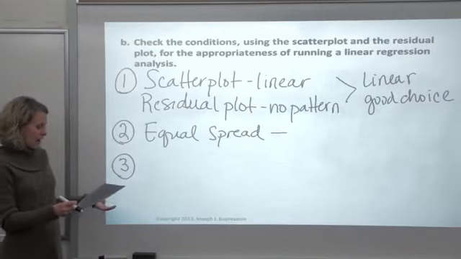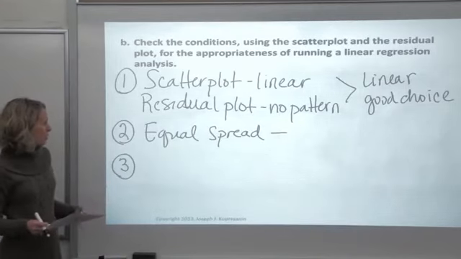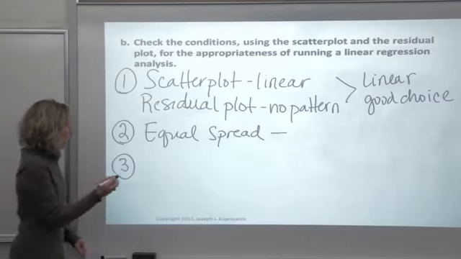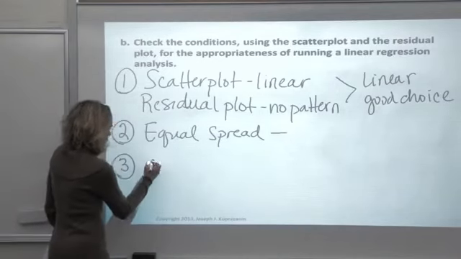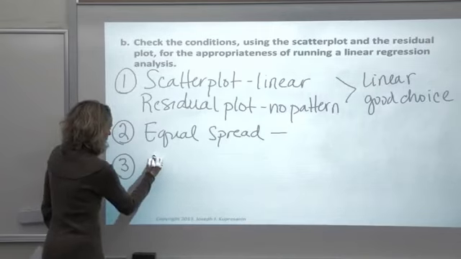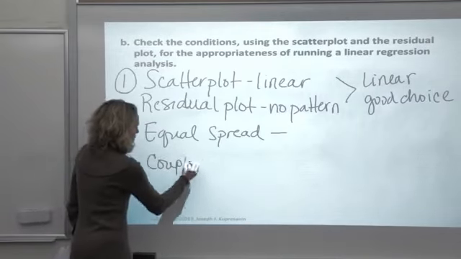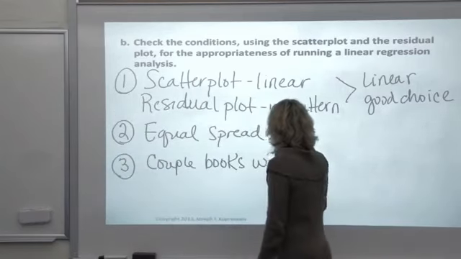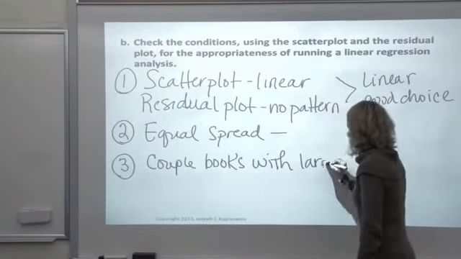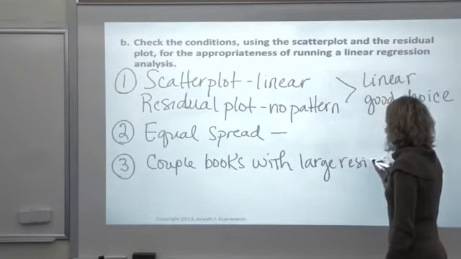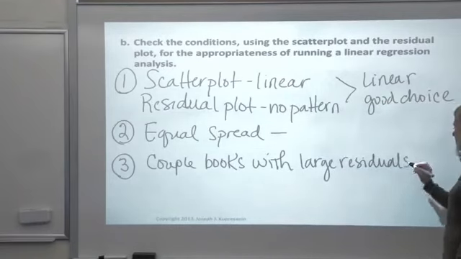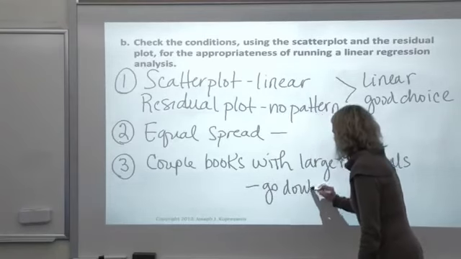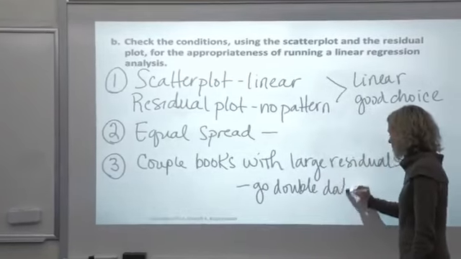Number 3, we're looking for unusual points or points with large residuals. There might have been a couple there that we'd like to investigate. A couple of those books had large residuals. So for those, we might want to go double check the data.